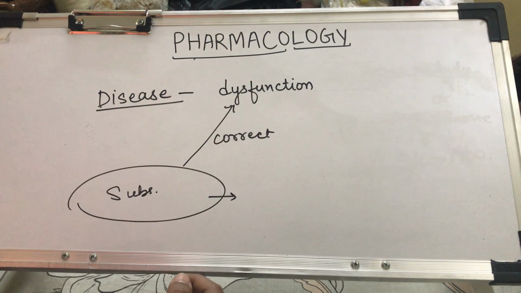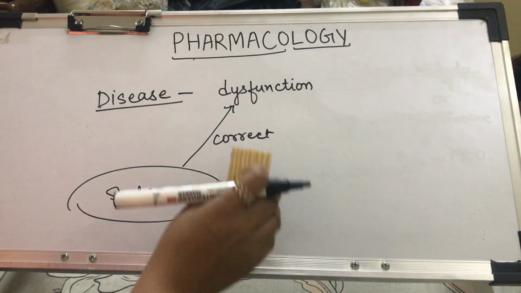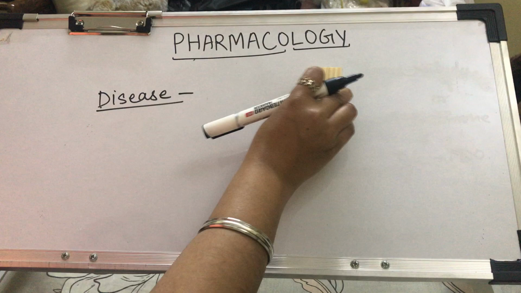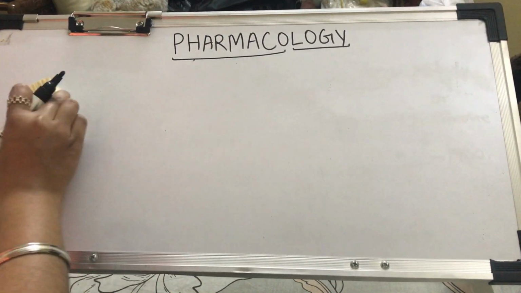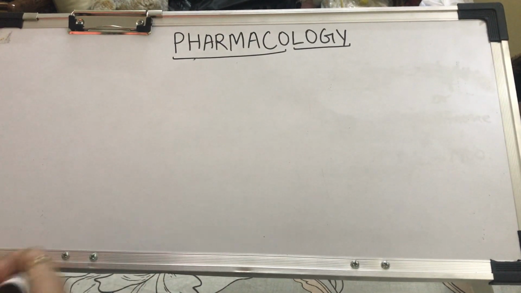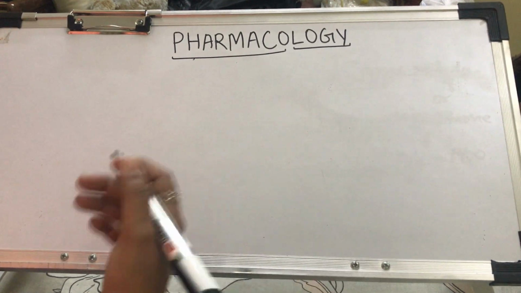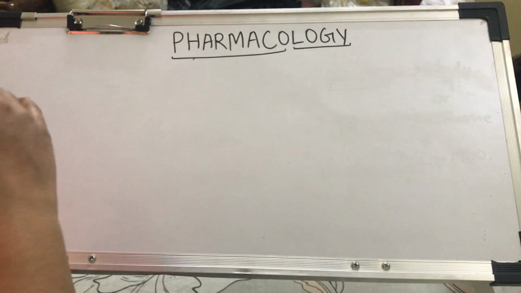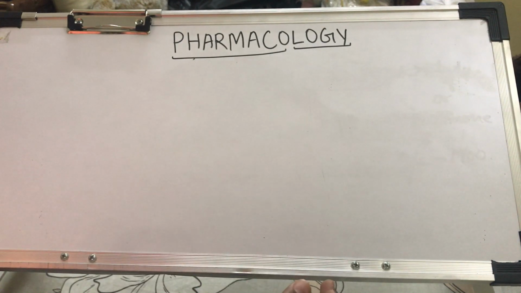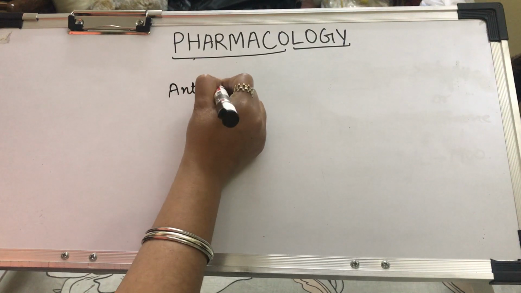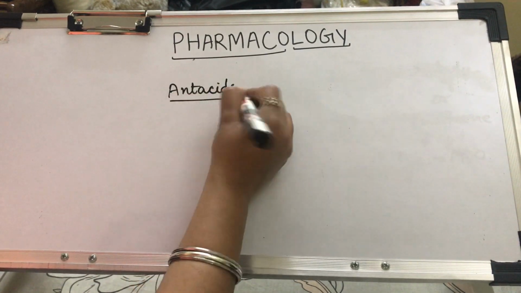For example, if we take a disease to be peptic ulcers, we know that in peptic ulcers acid, the HCl in the stomach, is being produced in higher quantities. What we can do is have a symptomatic effect with the help of antacids, but that is just symptomatic.